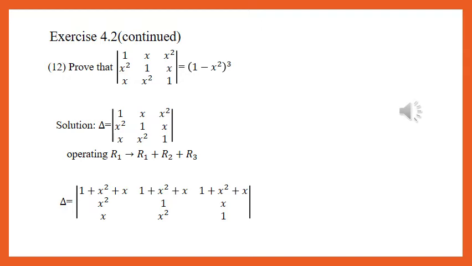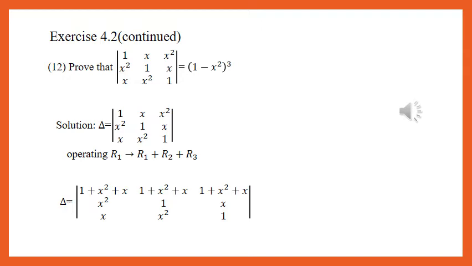It is (1 − x³) the whole square. That is (1 − x³) multiplied by (1 − x³). Now recall the identity: a³ − b³ is equal to (a − b) multiplied by (a² + ab + b²).